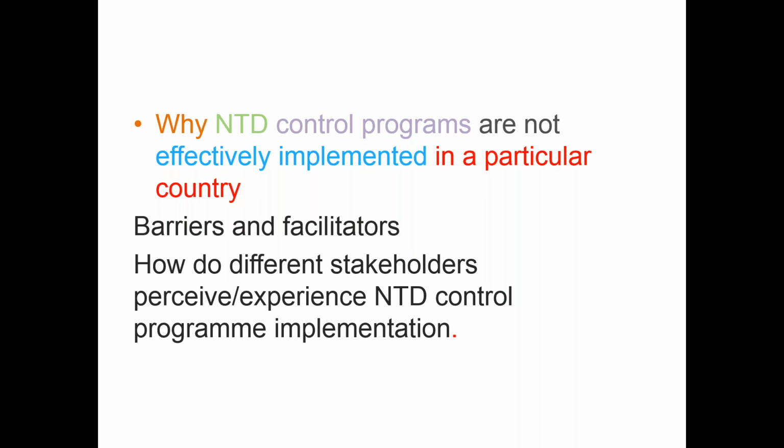Okay, and so maybe we can go back to Huda. Yes, go ahead. My question is because I'm looking at barriers to access medications in low and middle income countries.